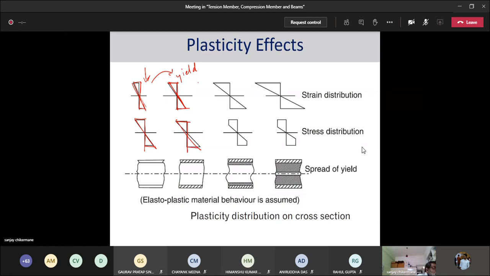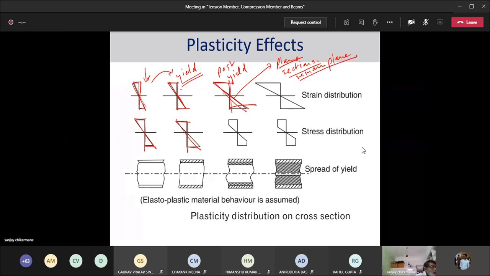Now, once you give a rotation which is more than what generates the yield strain, you get a post yield behavior where your strain still remains a straight line, so you fundamentally end up getting a system where plane sections remain plane.